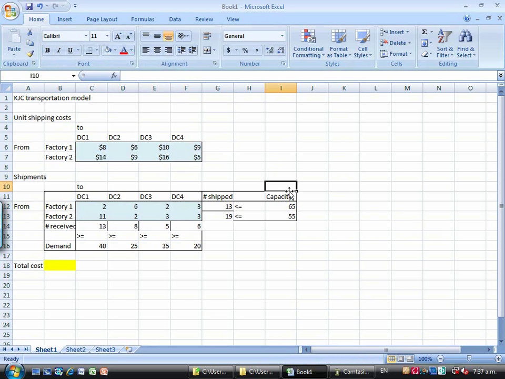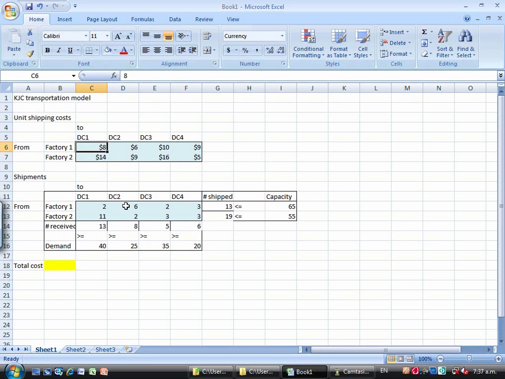Note that these two matrices are very similar. They've both got DC 1 to 4 along the top, and they both have factory 1 and 2 down the side. Now the cost of shipping 2 units from factory 1 to DC 1 will be 2 units multiplied by $8 per unit, or $16. Does that make sense, I hope?